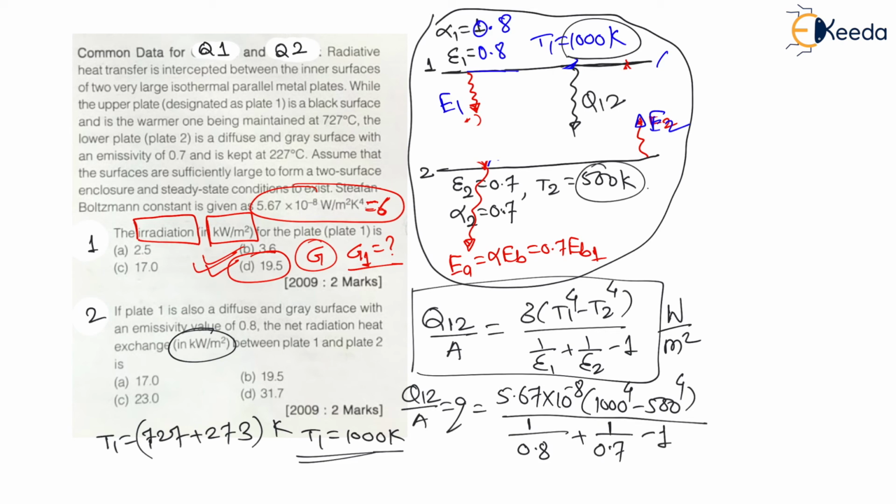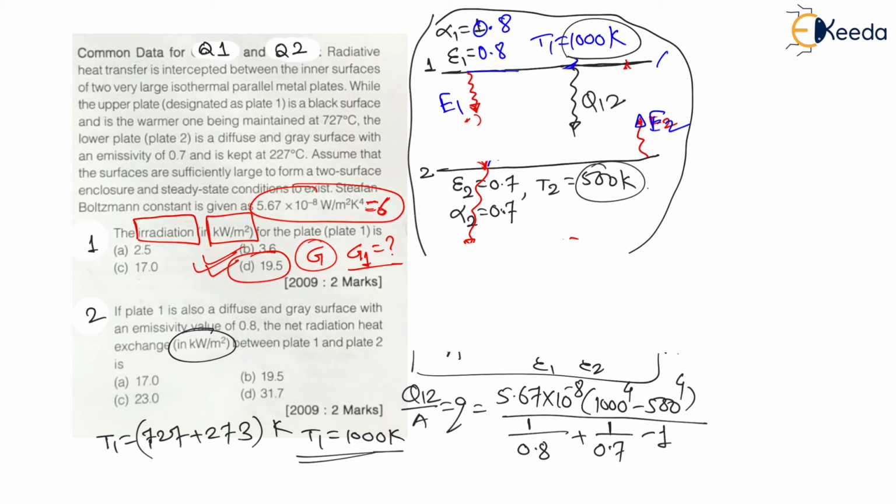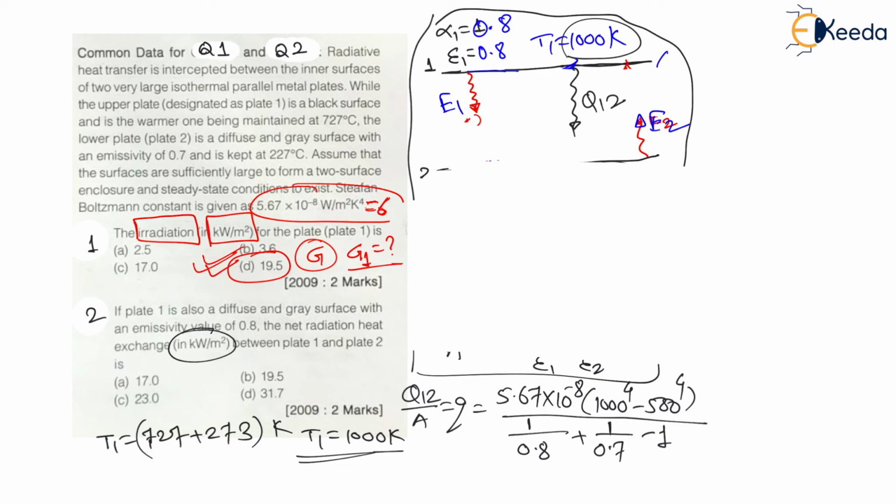So let us solve this. If I simplify by putting all the values, then this heat flux, the heat transfer per unit area, will be 31678.34 watt per meter square.